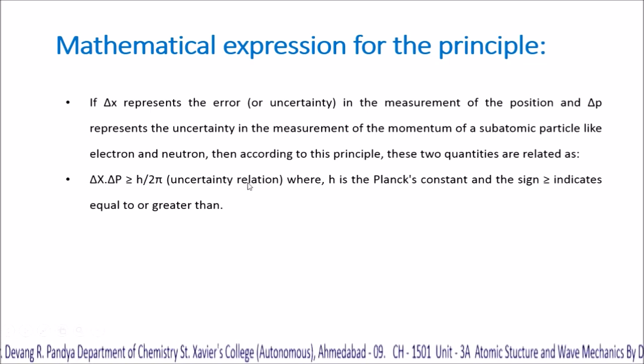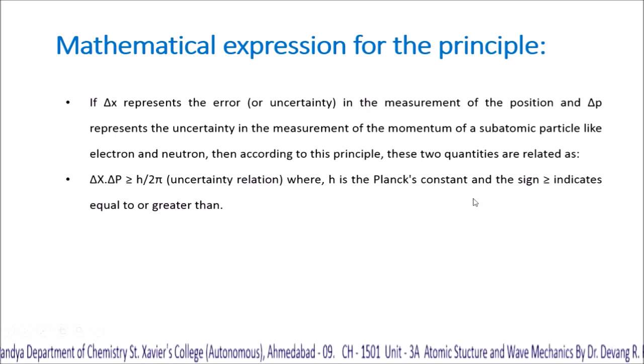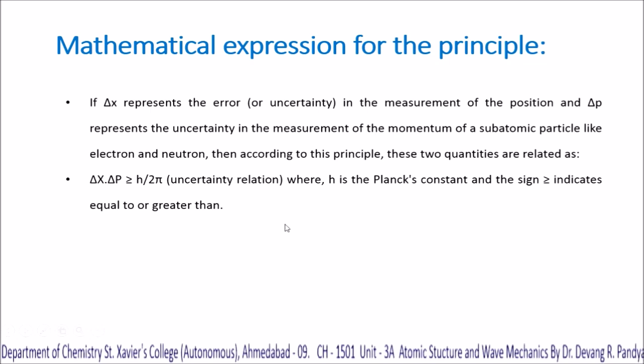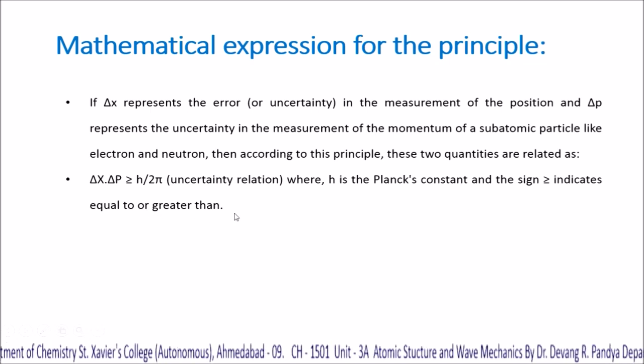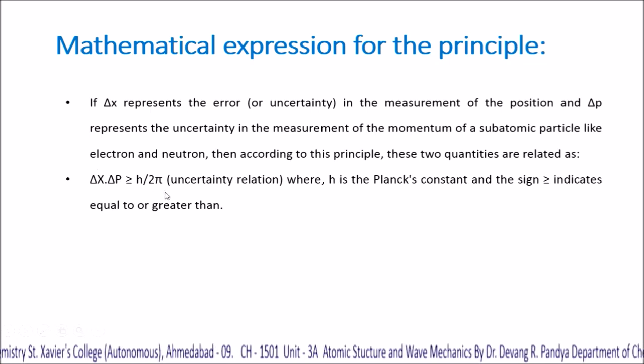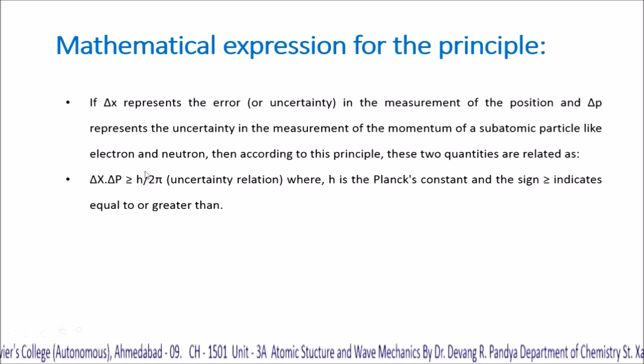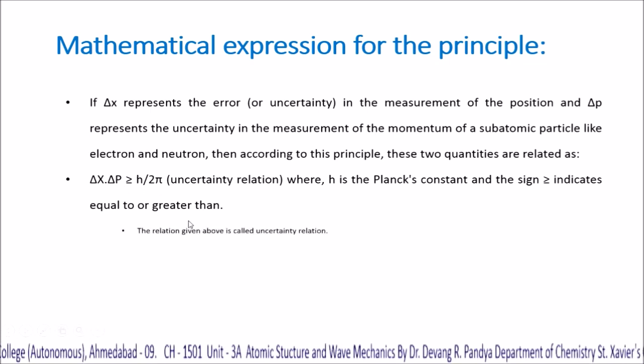That is the uncertainty relation, where h is the Planck constant and the sign greater than or equal to indicates equal to or greater than. And in our reference which we have used, that is Inorganic Chemistry by Stoley, the value is given as h upon 2 pi.